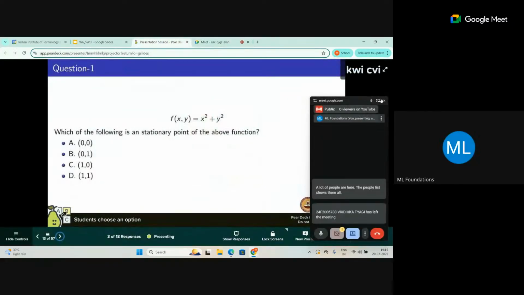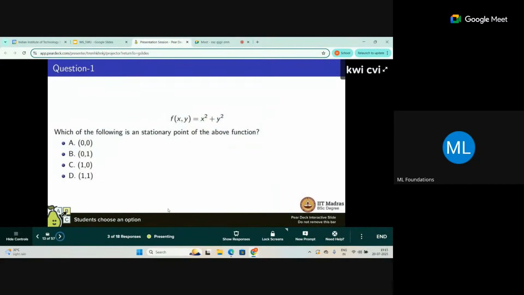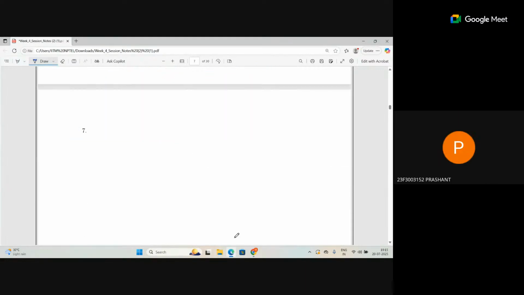In the meantime, just solve this question. Which of the following is a stationary point? How to find the stationary point? The first derivative should be 0. So your question is f of x, y is x square plus y square, and the del of f of x, y.